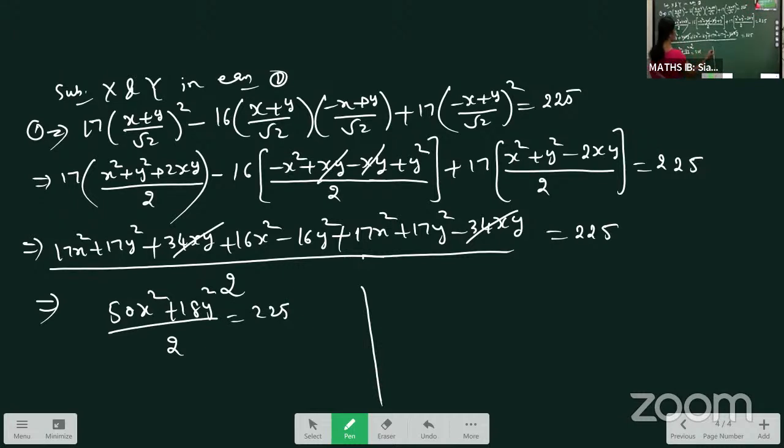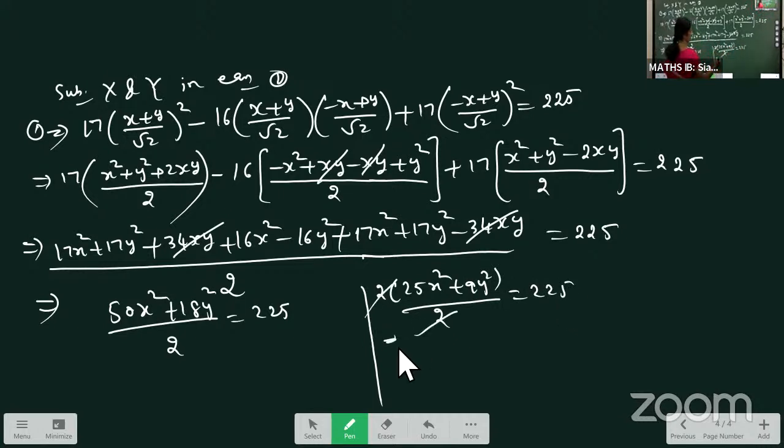If you take 2 common in the numerator, 25x square plus 9y square whole by 2 is equal to 225. Here 2 and 2 get cancelled. So 25x square plus 9y square is equal to 225. You can leave it up to here, but to convert into a hyperbola equation, divide the entire equation by 225 because only x square and y square terms are there.